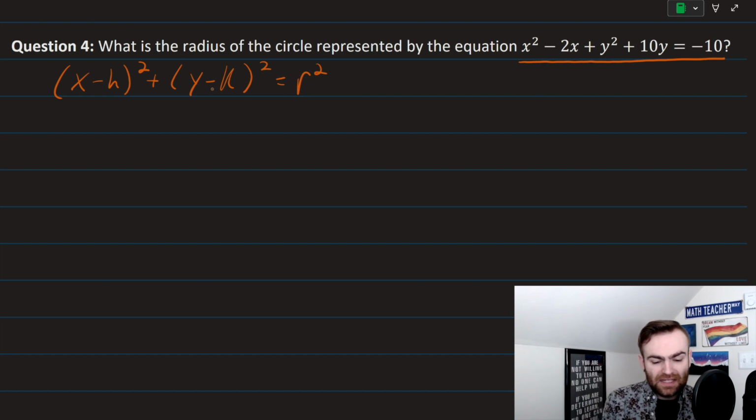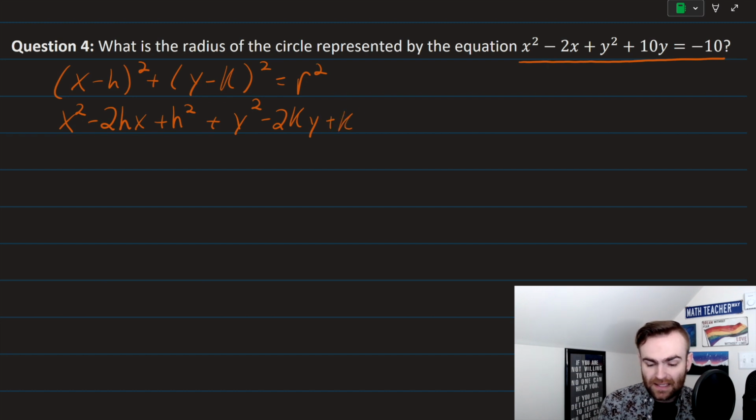Well, let's distribute these out and see what happens. If I double distribute this out, I'm left with x squared minus 2hx plus h squared plus y squared minus 2ky plus k squared is equal to r squared.